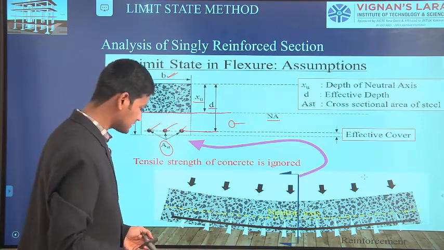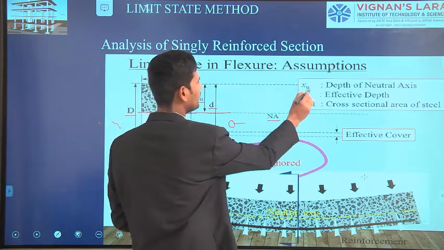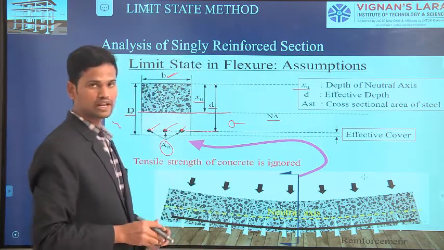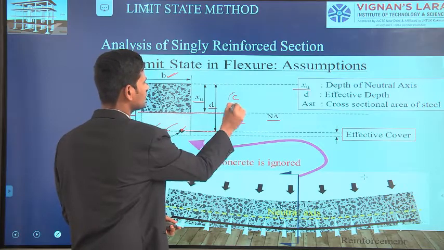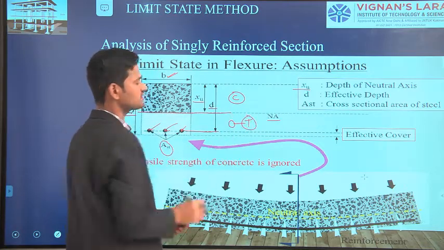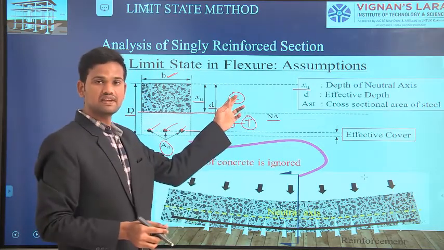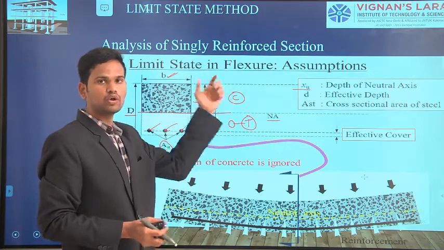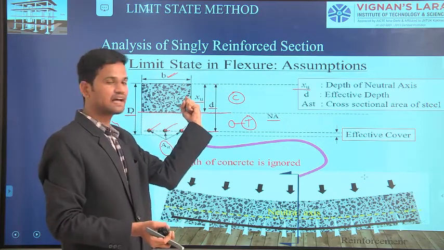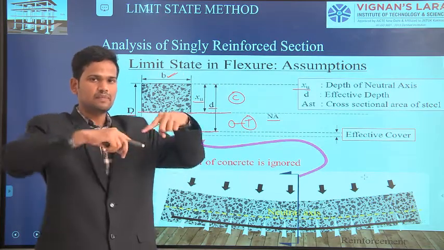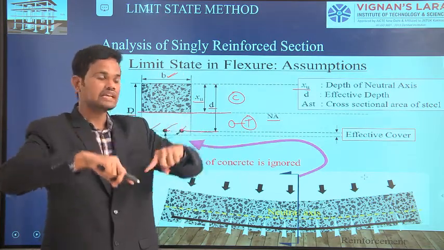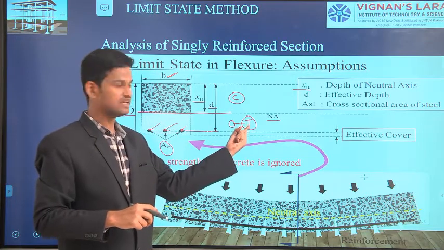And if you see here, XU is the depth of the neutral axis, which divides the compression phase as well as the tension phase. In the compression phase, the load that is going to be compressed will be taken by the concrete, whereas in the tension phase, while applying the load the member may get tensed, and the tension force will be taken by the steel.